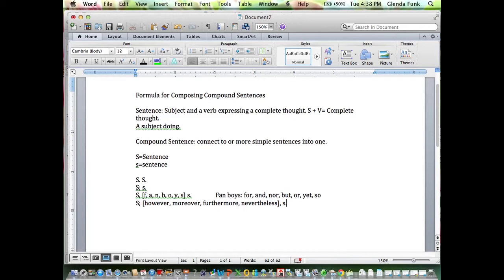Sometimes my students don't understand what a conjunctive adverb is. So I have to define that and remind them that anything that is a conjunction is a word that connects and shows relationships.